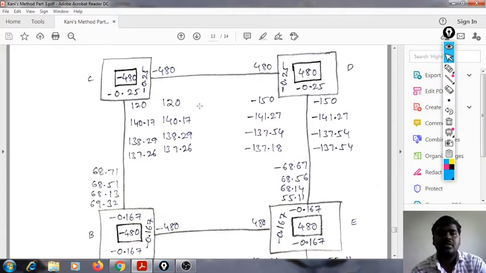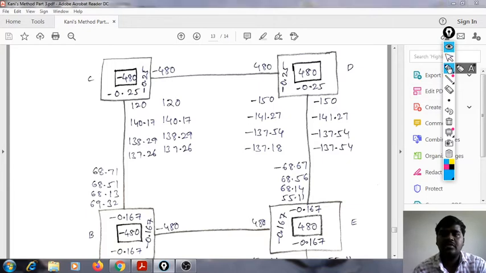After that, we have to find this 120, which is the corresponding value of this rotation contribution, and this is the corresponding value of this rotation contribution. So, this is the value for this and this is for this.